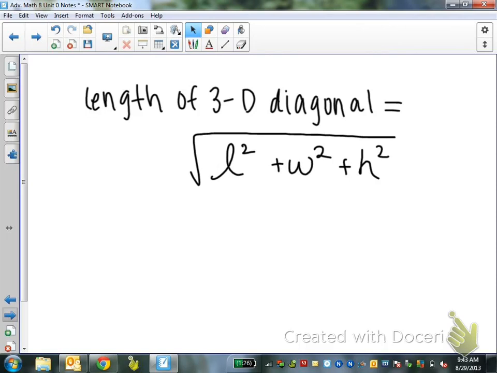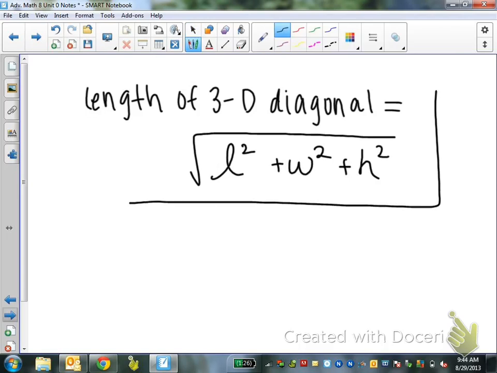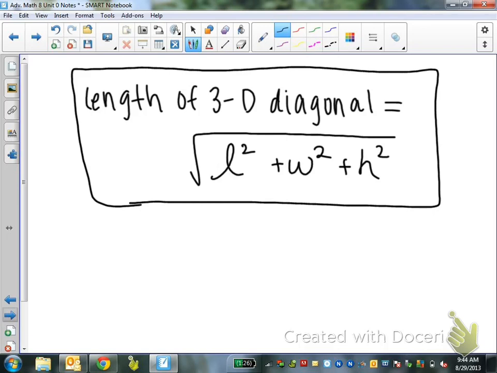I would put a big box around it. This will work every time. You still want to round to the nearest tenth when you have to.